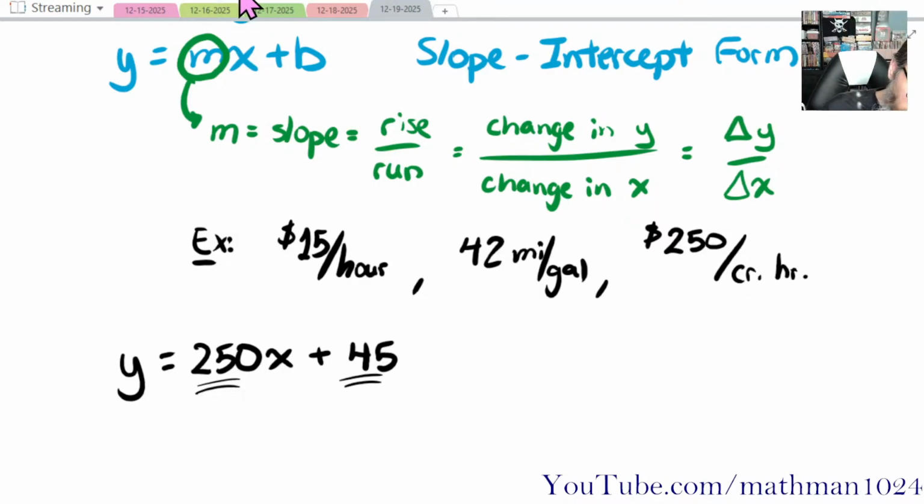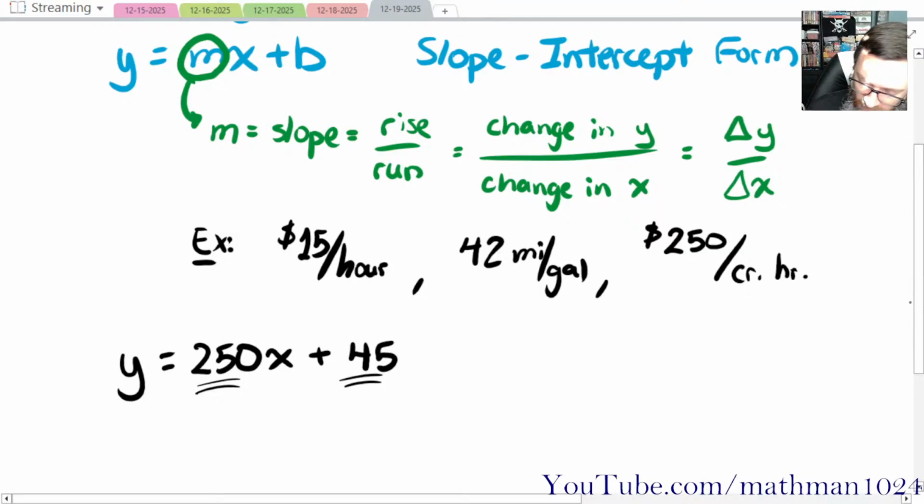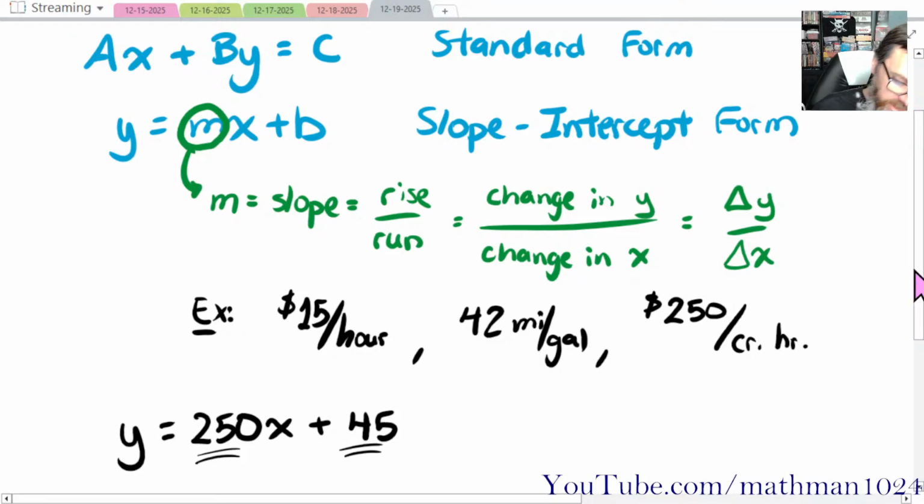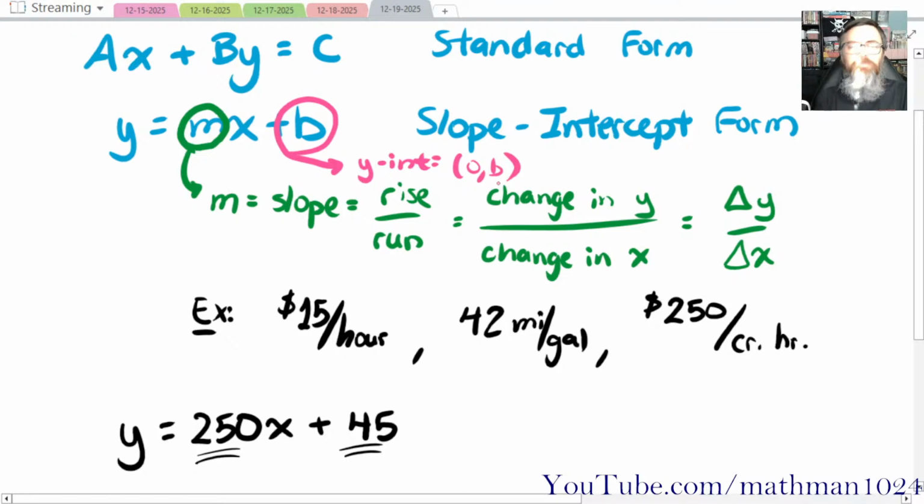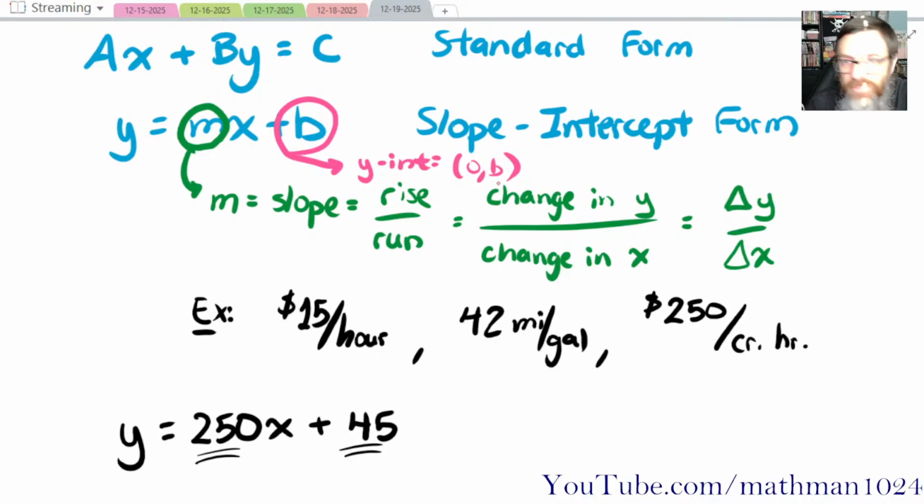But this 45 here, and let me climb back up here just a little bit. This b gives us our y-intercept as the ordered pair 0, b. Right? So don't ever say the y-intercept is b. The y-intercept is the point on your graph where you cross the y-axis.